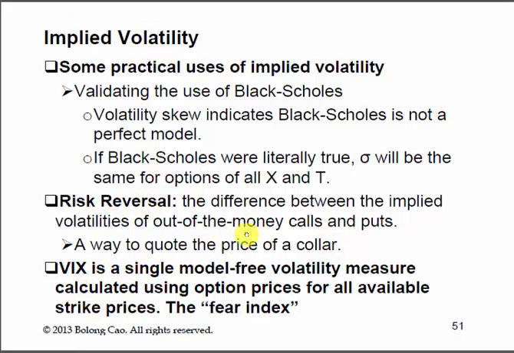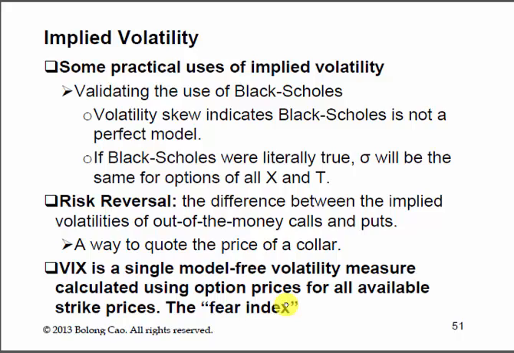Also, based on the implied volatility idea, there's an index called VIX. It is a single so-called model-free volatility measure calculated using option prices for all available strike prices. It's the so-called fear index. It tells us what the market expects: how large is the magnitude of the underlying movement?